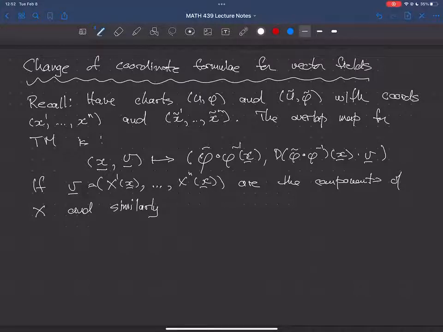These are the components of X in the untilde coordinates.